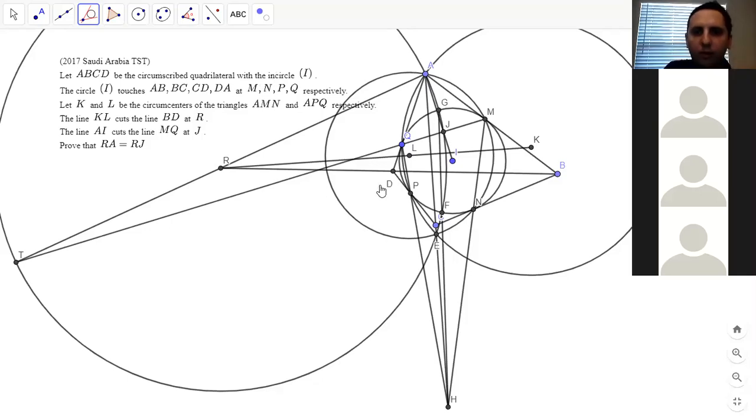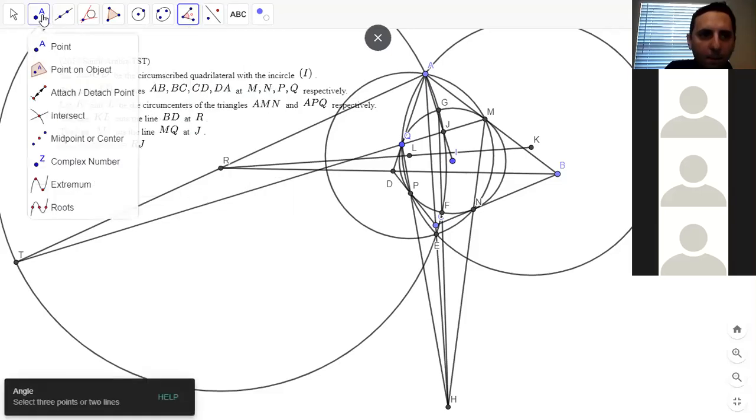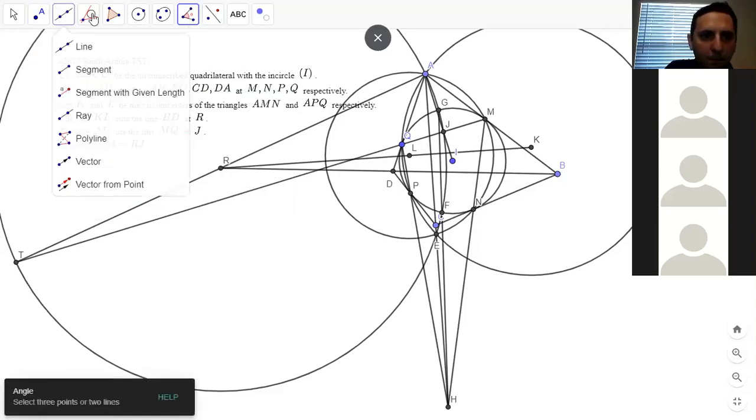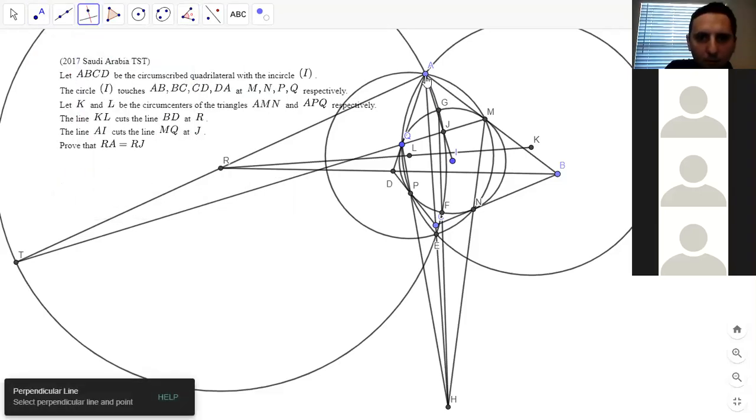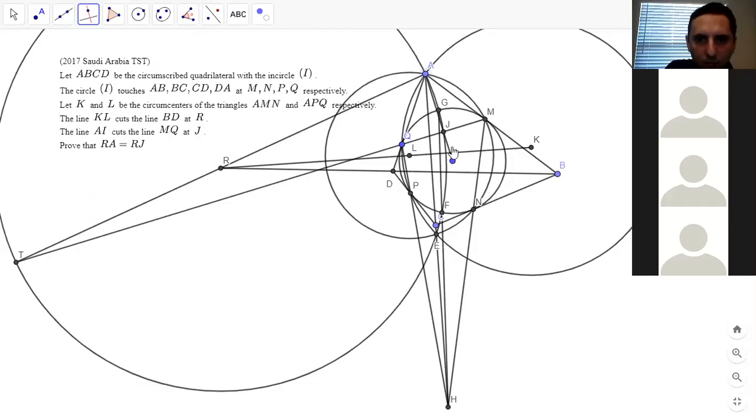Okay, so wait, you said draw the external bisector of BAD? And then try to show that C has equal power with respect to the three circles. Then K, L, R' will be collinear.